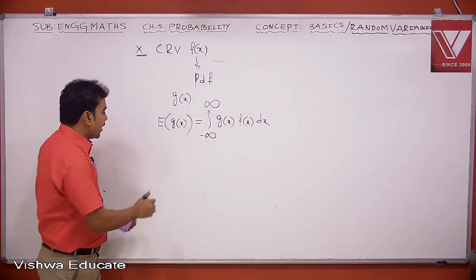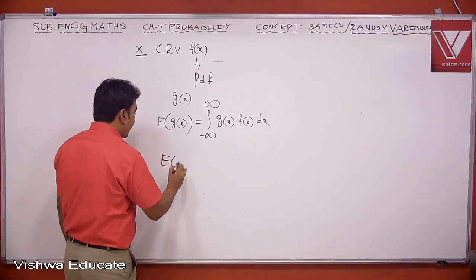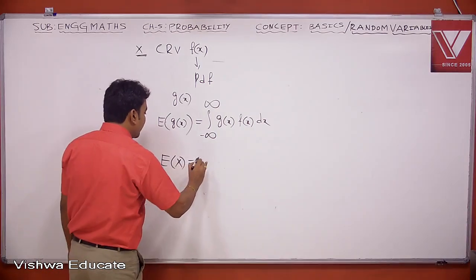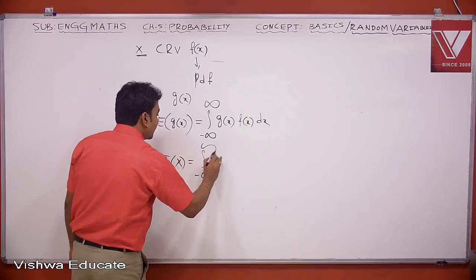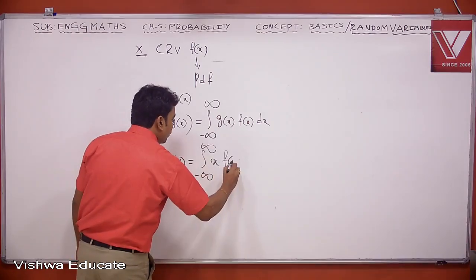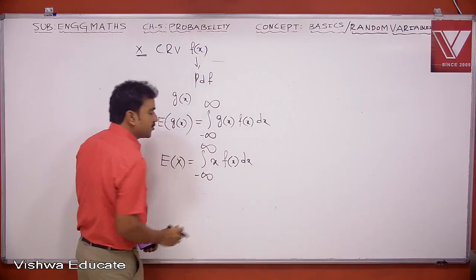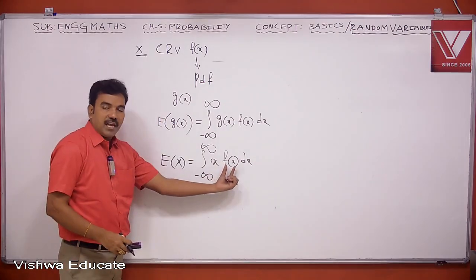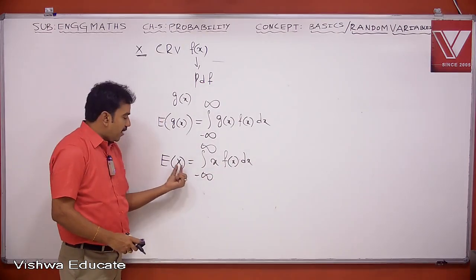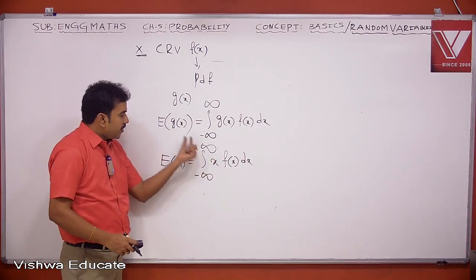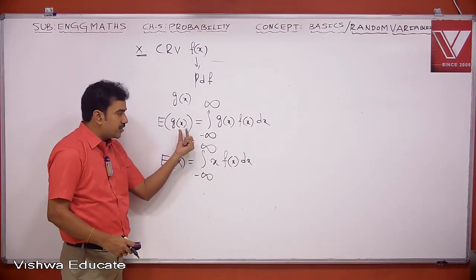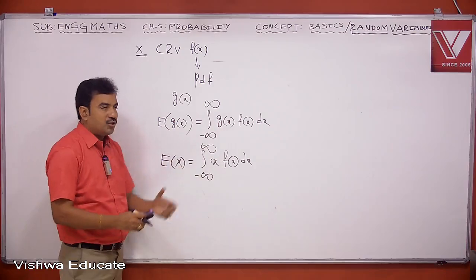Suppose I write expectation of the continuous random variable x, then E of x becomes simply integral minus infinity to plus infinity x into f of x dx, where f of x is the PDF of the CRV. If it is x, I will get x. If it is a general function g of x, then this x is replaced by g of x.